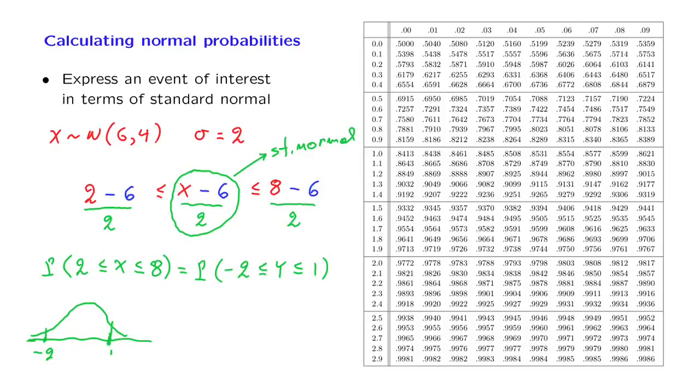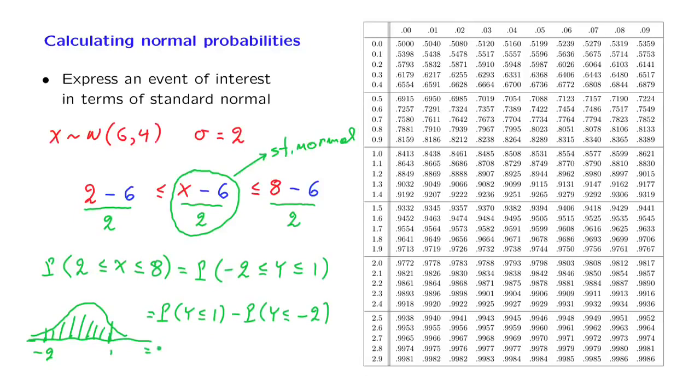This is the probability that it is less than 1, but we need to subtract the probability of that tail so that we're left just with this intermediate area. So this is the probability that Y is less than 1 minus the probability that Y is less than minus 2.